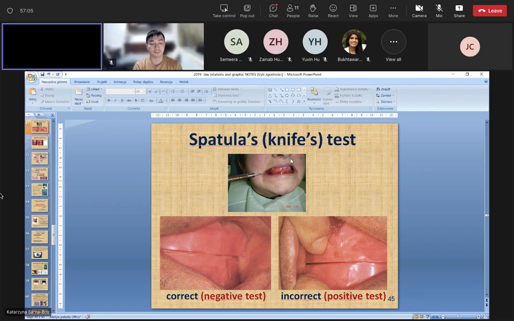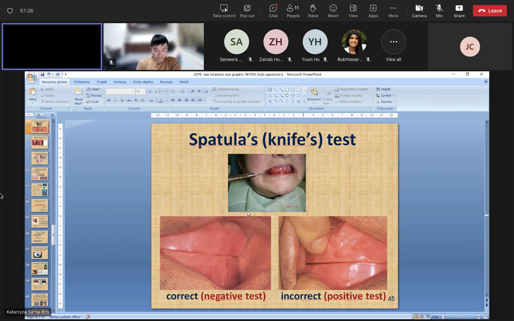How to do that? We put the knife between the wax rims, and if there is no space between them, this is correct, this is the negative test. And when we find a space between those two rims, this is incorrect, this is the positive test.